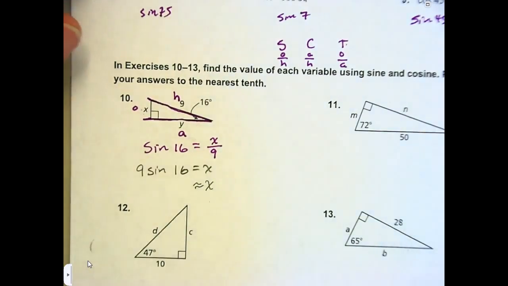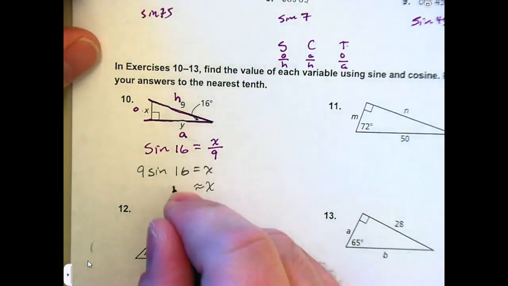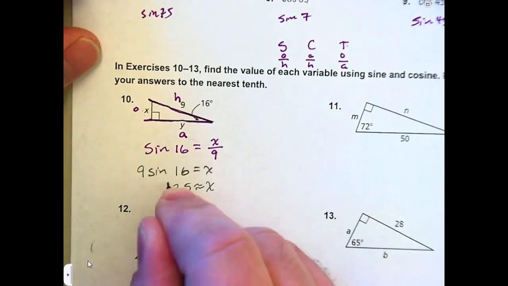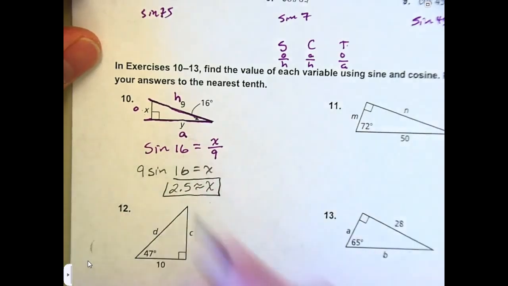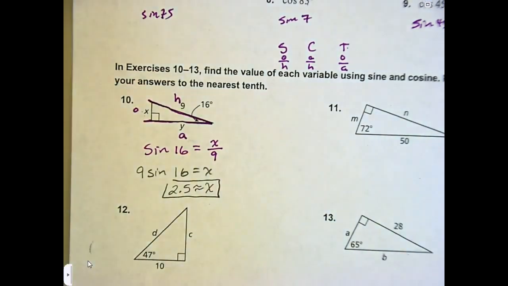All right, 2.5. Go ahead and figure out cosine.